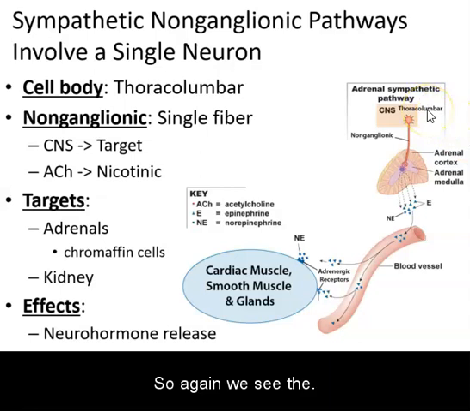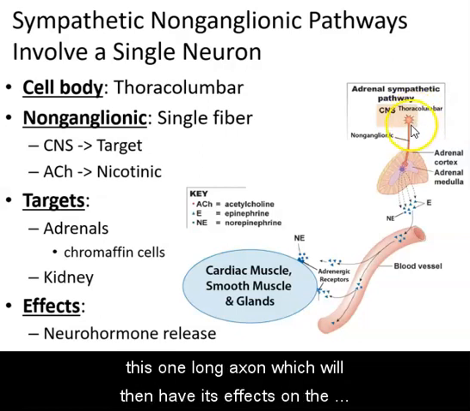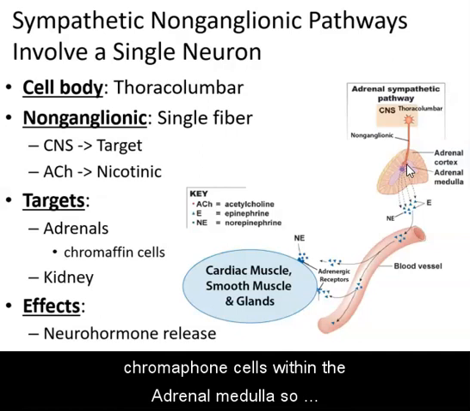So again, we see the neuron within the CNS providing a sympathetic non-ganglionic pathway. You have this one long axon, which will then have its effects on the chromaffin cells within the adrenal medulla.